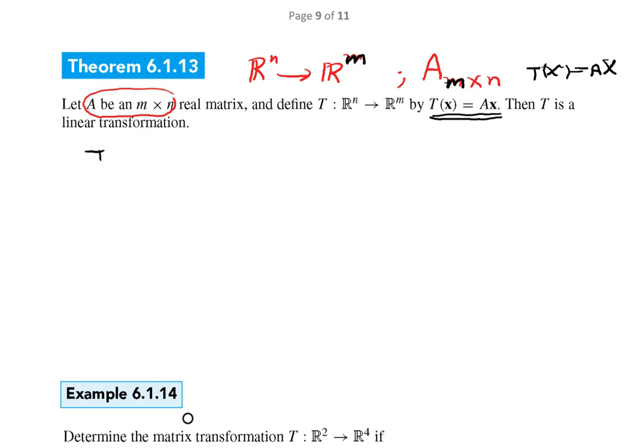This transformation from R n to R m, defined by T of x equals Ax, is called a matrix transformation.